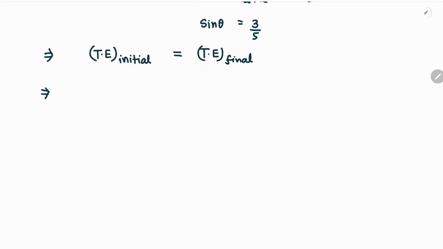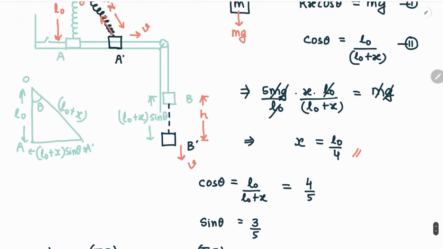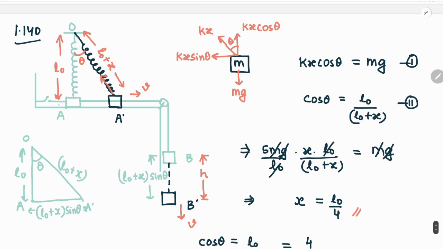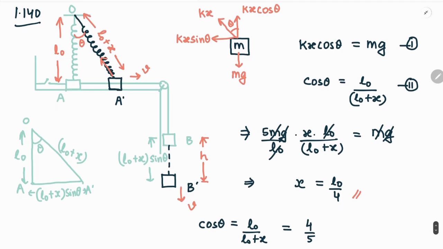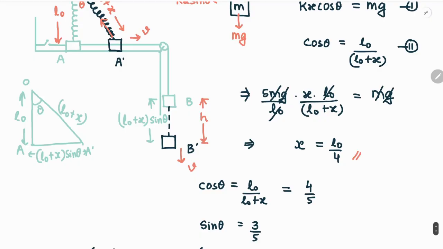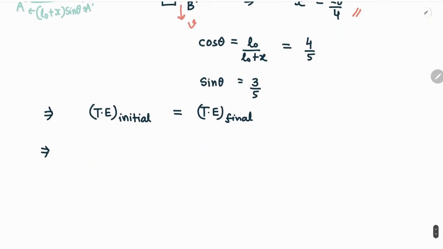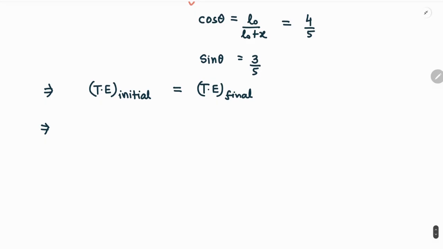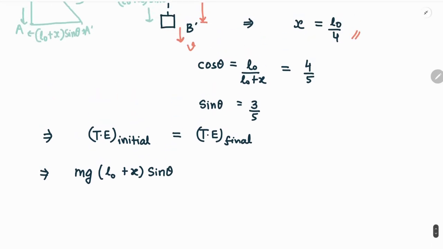Since block A is on the same horizontal level, for any reference level that we select there is no gravitational potential energy contribution from it. But B was at a height h above this level, so initially, when the system was about to be released, the energy is mgh, where h is equal to (L0 plus x) sin theta. x we have already calculated as L0 by 4 and sin theta as 3 by 5.